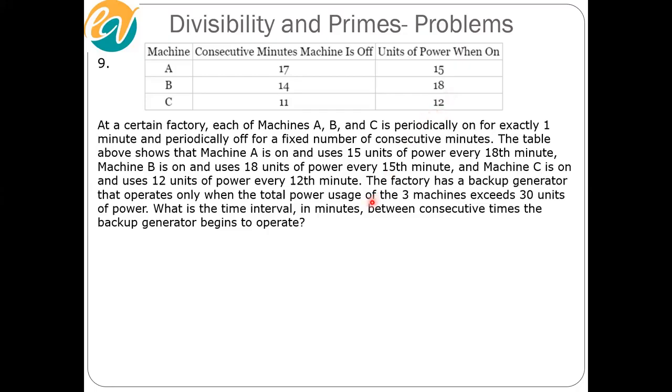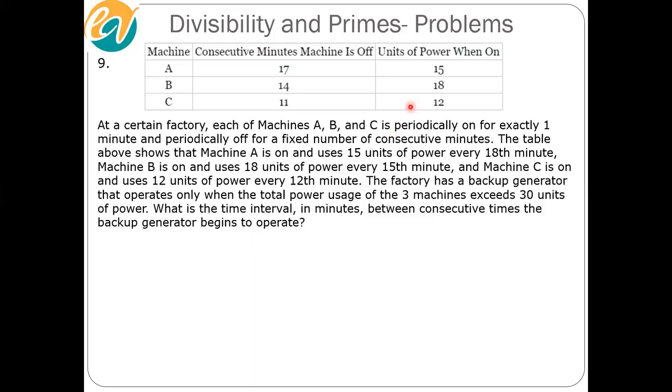Now, the backup generator would start only when the power usage exceeds 30 units of power. Now, my question to you is, when will the power usage exceed 30 units? Absolutely.